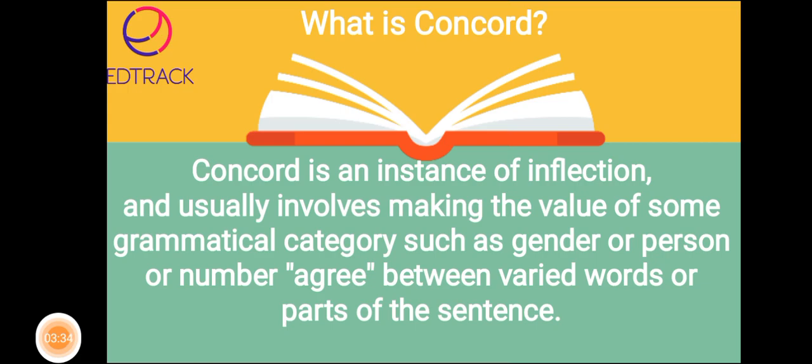So a particular word or grammatical category has to conform with the structure of other words given in the sentence. Like I said earlier, we are going to take some selected past questions from JAMB and WAEC which are based on this particular topic.